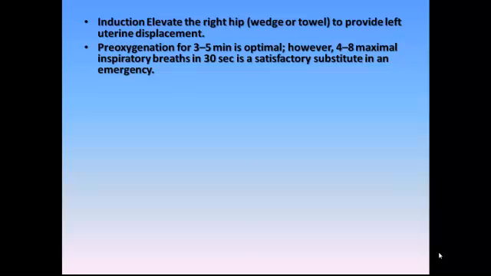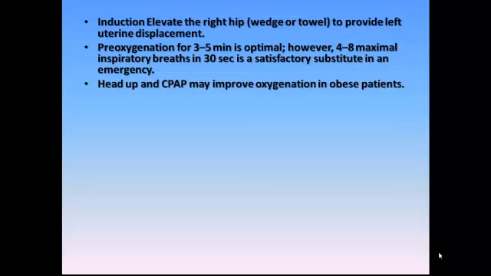Induction: first we elevate the right hip, as we have said. Pre-oxygenation for 3 to 5 minutes. But 4 to 8 maximal inspiratory breaths in 30 seconds is satisfactory, especially if we are facing an emergency.